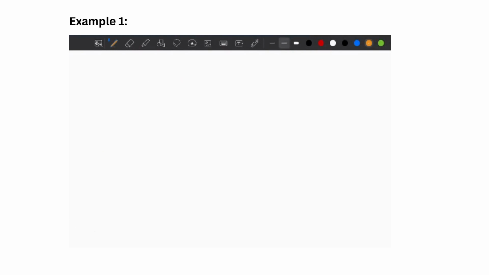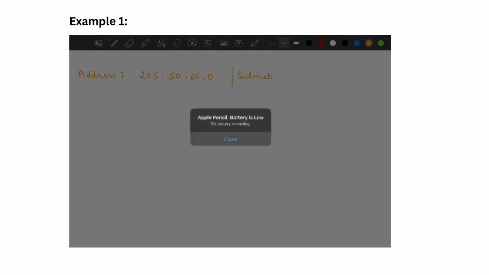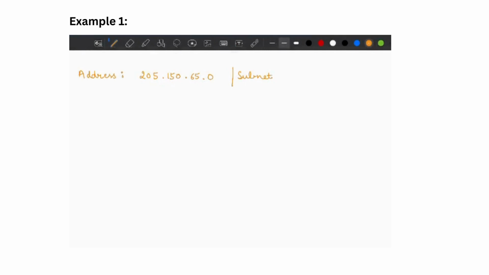So first of all, we write down the address which was given to us in the question, which is 205.150.65.0, and the subnet mask that we just calculated, which is 255.255.255.192. Then we are going to convert both the address and the subnet mask into their binary forms.